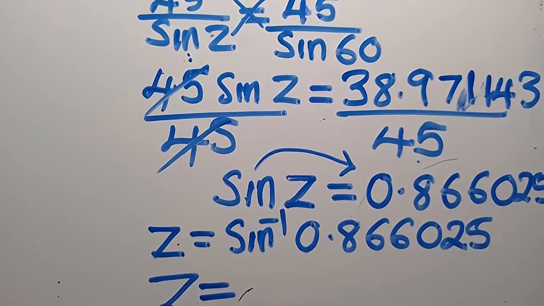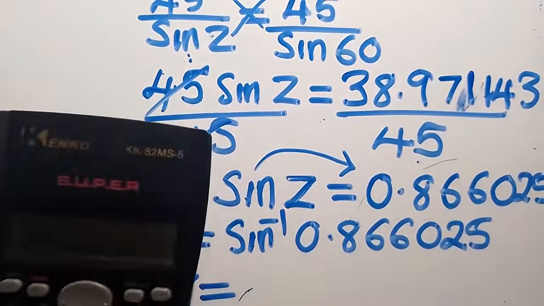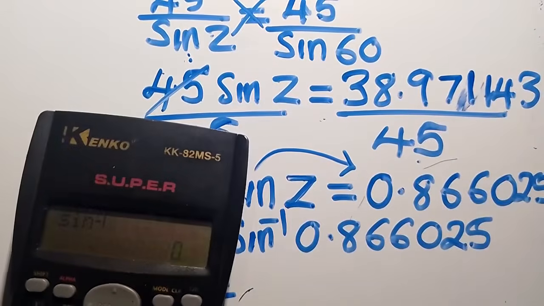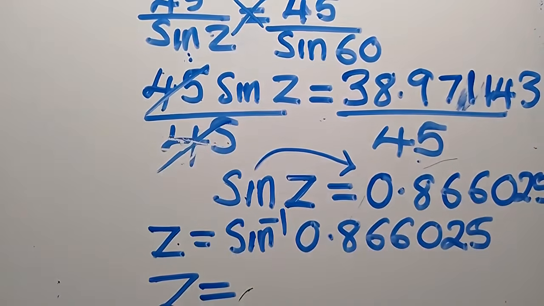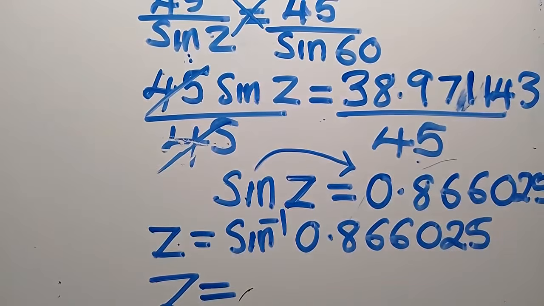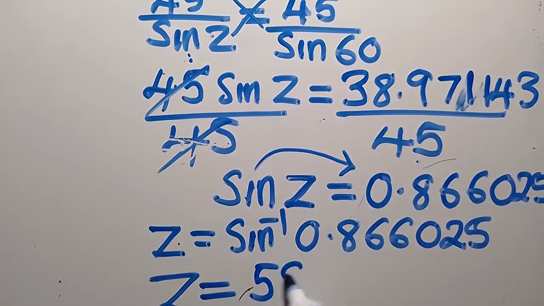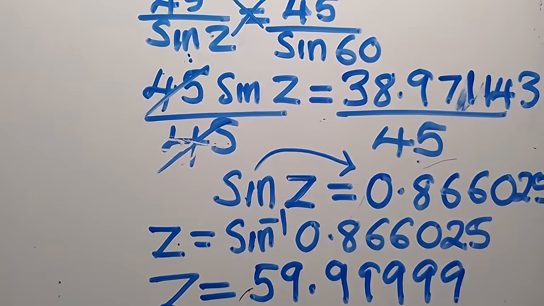It has appeared on my calculator. Then you enter 0.866025403. What is the answer? The answer is coming to 59.9999, the numbers are just going.